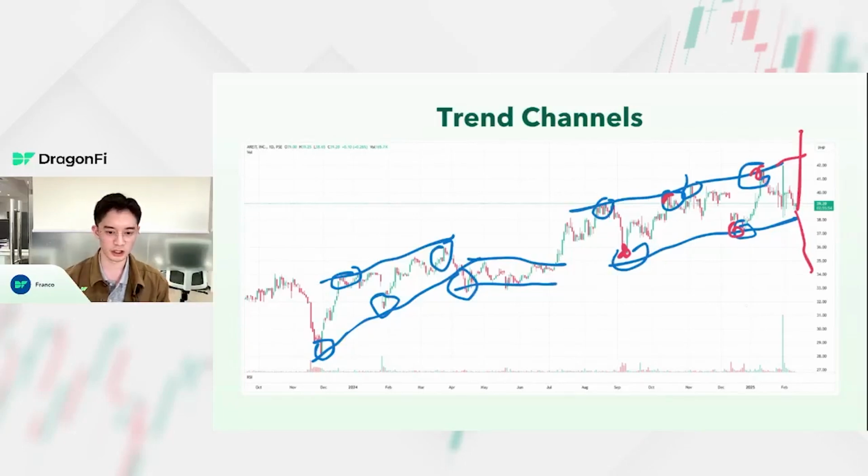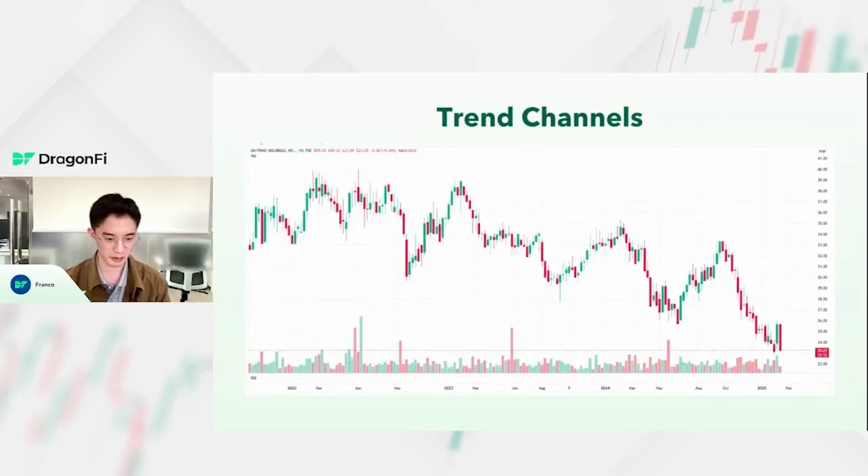So those are good indications that the trend will likely continue or reverse. Obviously, when you're trading an upward trend channel, you don't want to see the channel break down because that means the uptrend is over and it's time to go hands off because it's harder to make a profit in a downward channel, which is the next example.